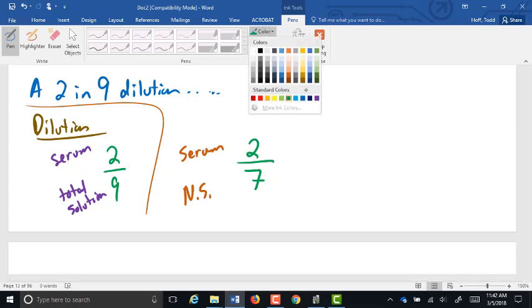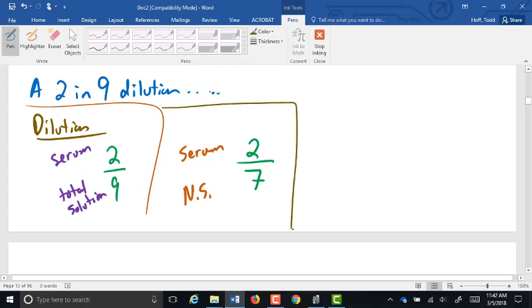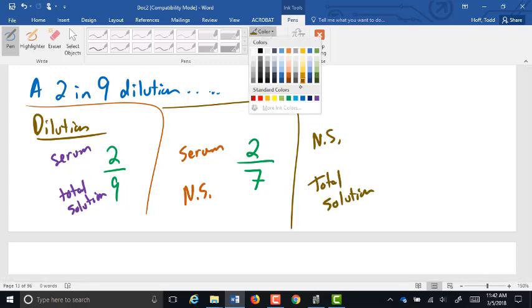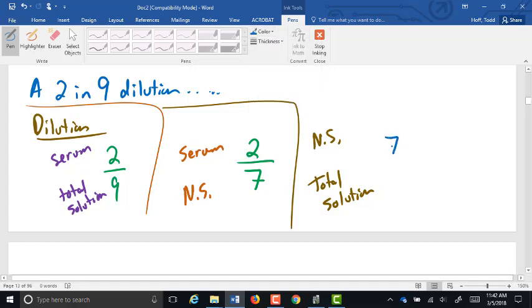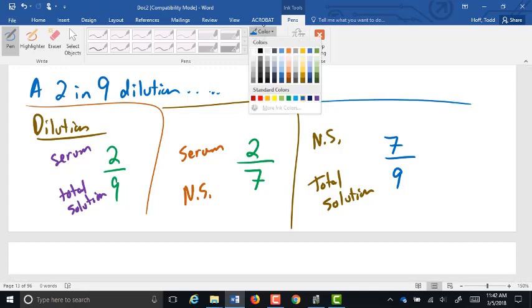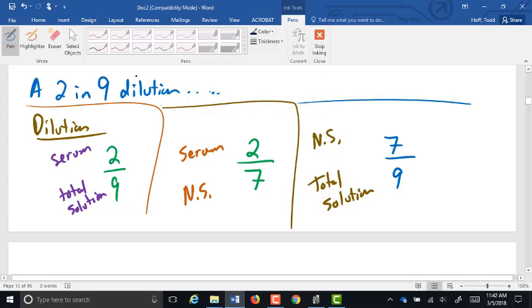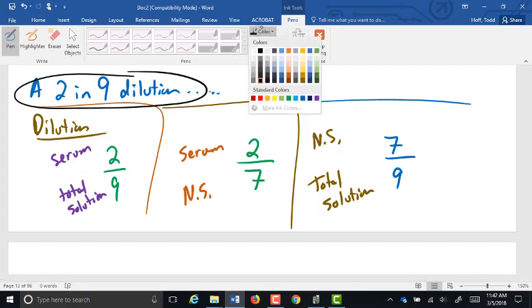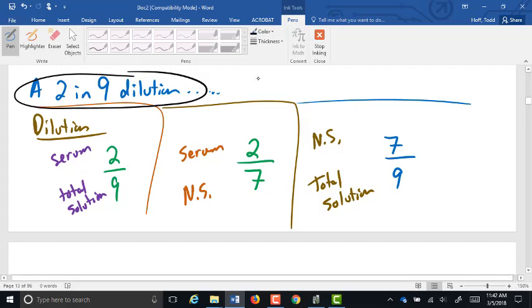Or another common ratio that's pulled out is the saline to total solution, which would be 7 parts saline to 9 parts total solution. All 3 of those ratios are part of the 2 in 9 dilution, and we have to be able to pick out which one we need in a given example. So let's do some examples and work with those ratios.